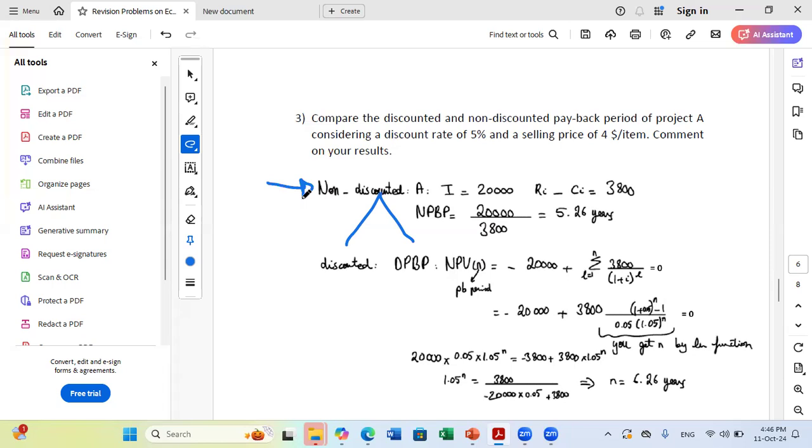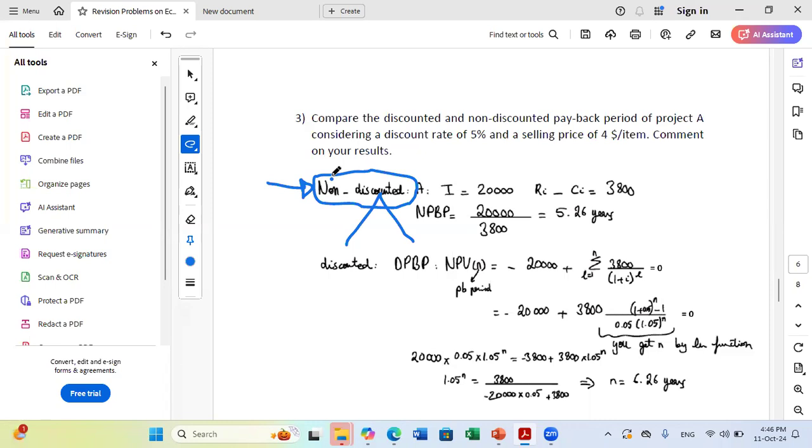Okay, it's true that the non-discounted payback period is not accurate because it doesn't take into account the time value of money, but it can be an indication that the project is attractive. While if it's high, this might indicate that the economic or financial state of the project is not very good.